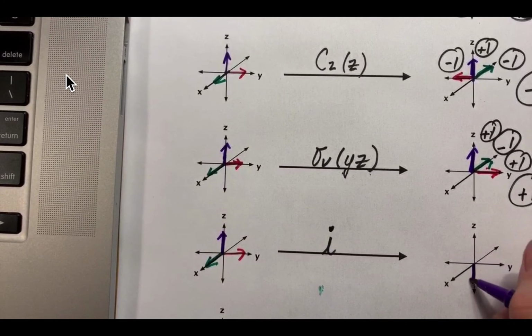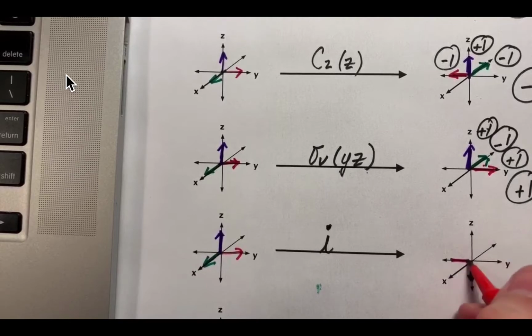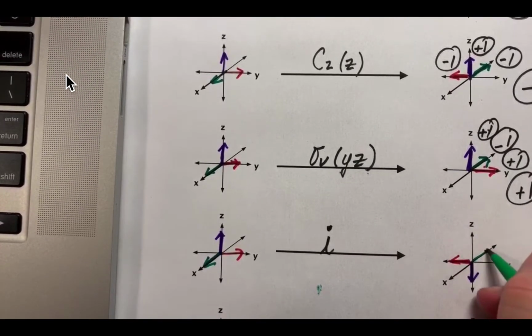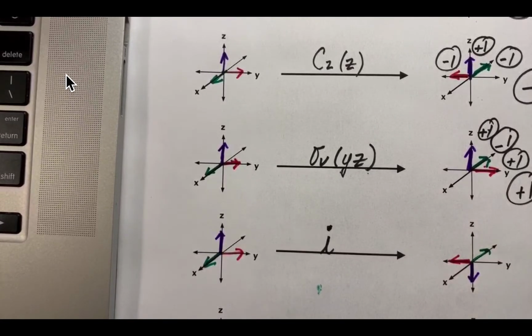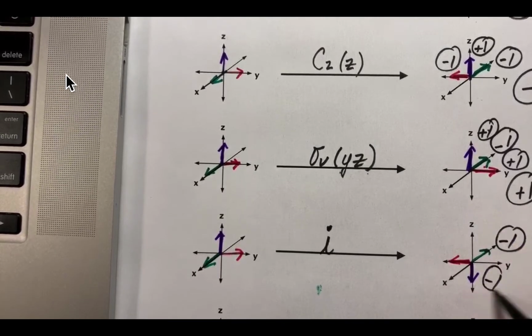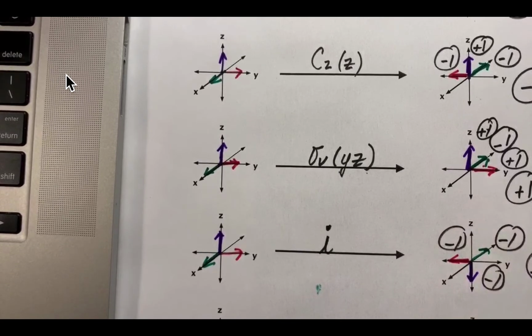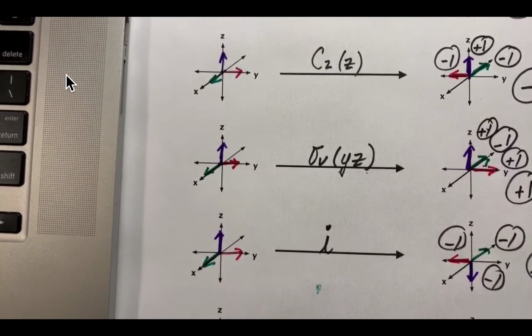So Z was pointing up, now it's pointing down. Y was pointing to the right, now it's pointing to the left. And X, which was pointing out, is now pointing in. But this one has a character of all of them have gone into their negative, so minus 1, minus 1, minus 1 gives me an overall character of minus 3 for this.